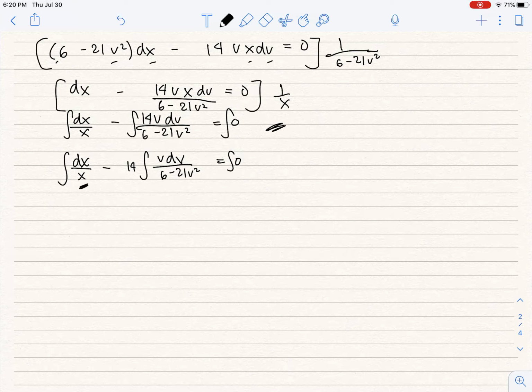Okay, to integrate this integral, we are going to use let u.